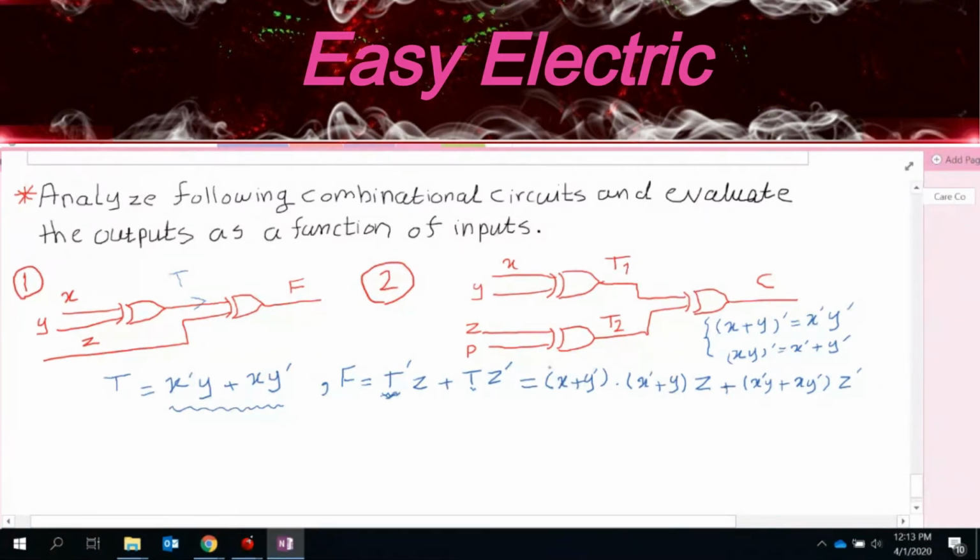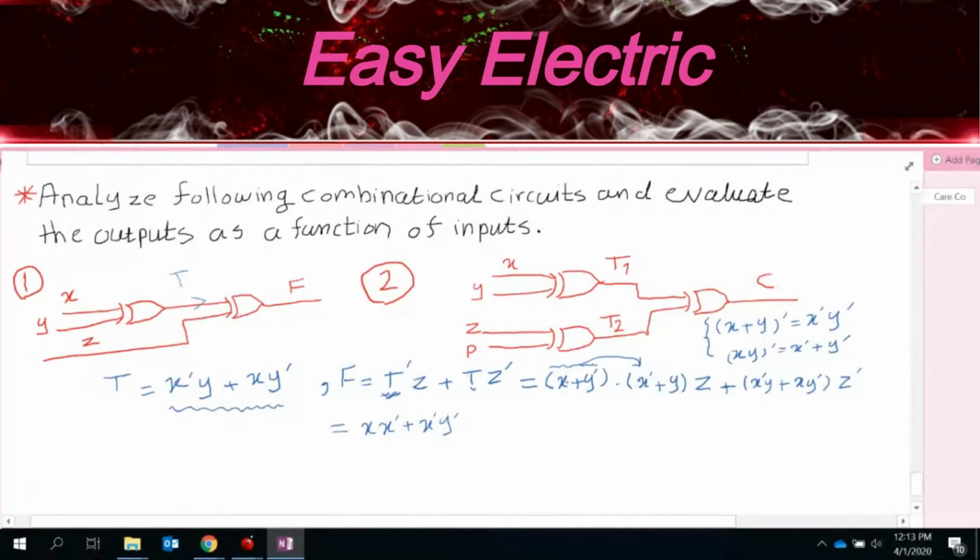What you need to do, let's do one thing. I'm going to distribute whatever I have here inside these parentheses that you see here, okay? So first it should be this time x prime, so then you distribute this prime inside these parentheses, so that you will have x prime, right, plus x prime y prime, okay?